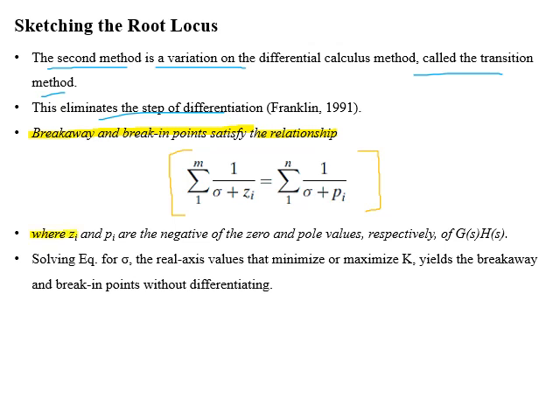Here zi and pi are the negatives of the zeros and poles respectively of G(s) and H(s). Students, solving the equation for sigma, the real axis value that minimizes or maximizes gain k gives us the breakaway or break-in point without differentiating.